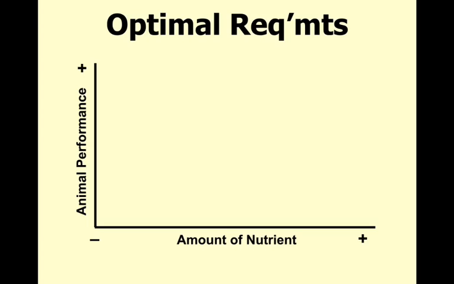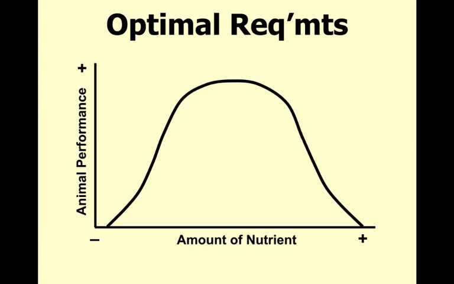So when we take a look at animal performance, what we're going to see is that depending on the amount of nutrient at either the really extreme low or the really extreme high, it's not going to have a major impact on animal performance. But somewhere in the middle is a threshold that's going to optimize or maximize animal performance for that amount of a nutrient that we're going to put in.